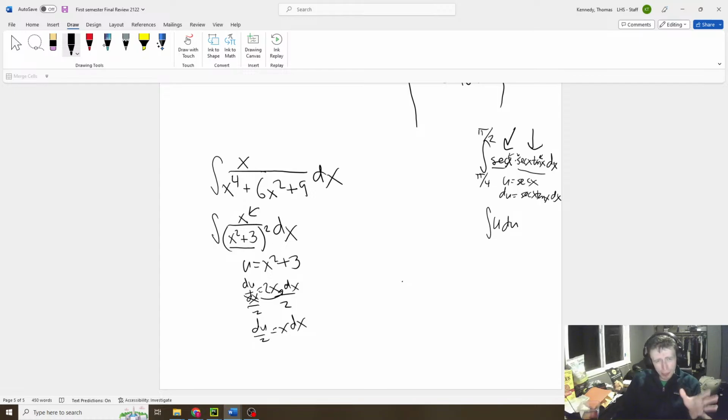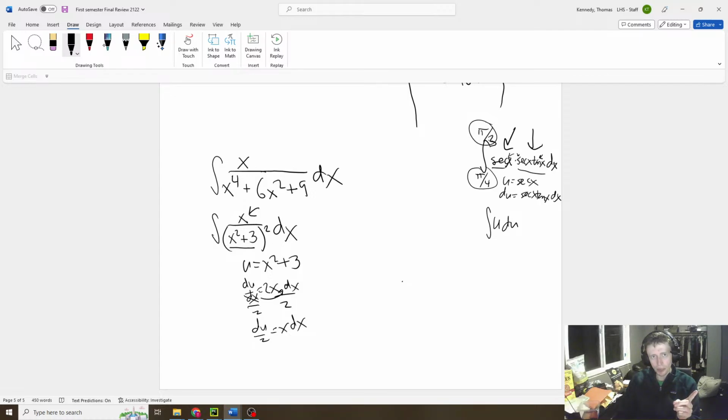But there's something a little special here, which is we have bounds on this one. The reason I add bounds is we can now convert our bounds, provided we can figure out what the secant of pi over 4 is and what the secant of pi over 2 is. Did I run into a problem? Should I have picked pi over 3?